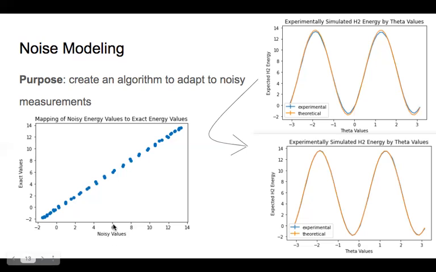So we can map how the noisy data would map to those exact values. And once you do that, you know, okay, if I get a noisy energy of 7 in this case for whatever these units are, you can go and map it to the exact value.